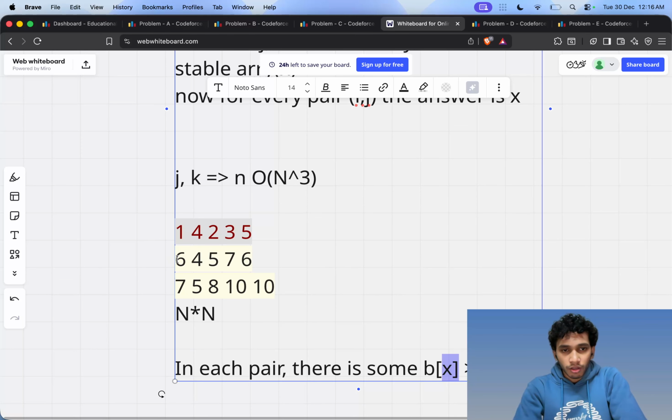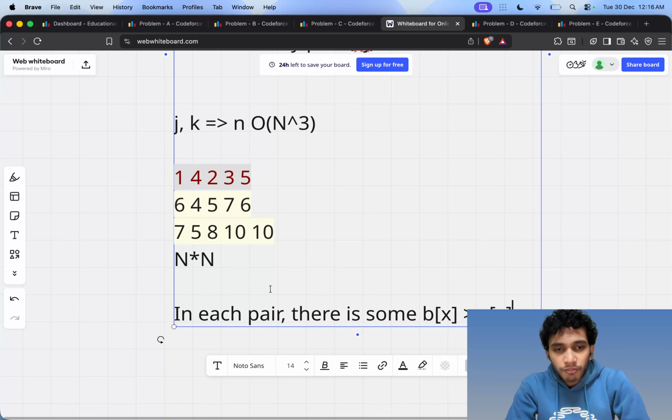And what remains constant if we have chosen this as our j and this as our k is that for all the upcoming choices of pairs, the difference between j and k will remain constant. Here, the difference between j and k was 2. So for the next pair formed, the difference will be 2, and for the next pair, 2 again. Its index is 2 and its index is 4, so 4 minus 2 is 2. This will remain constant.